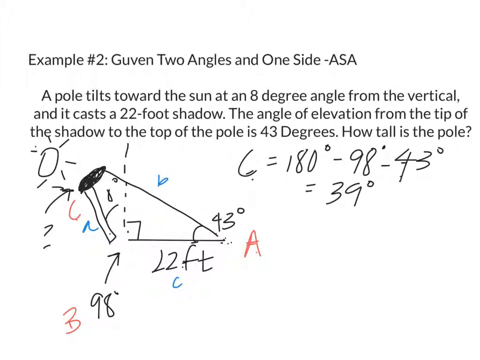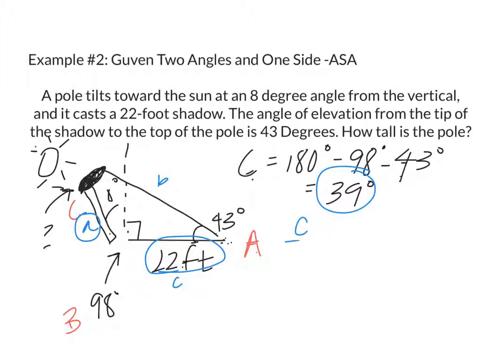Okay, and again, you're given quite a bit. I guess you were given 98 as well. So I actually just want to figure out how tall the pole is. So to figure out the length of the pole, you're looking for A. I needed C if I wanted to use the 22 feet that we were given, right? Because angle C and side C have to go together.